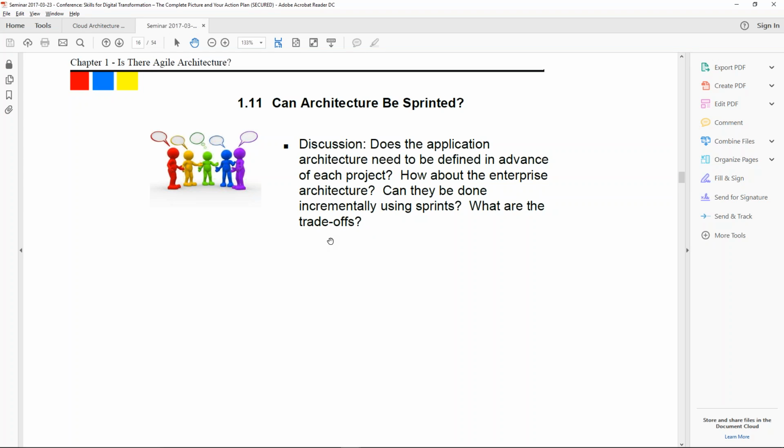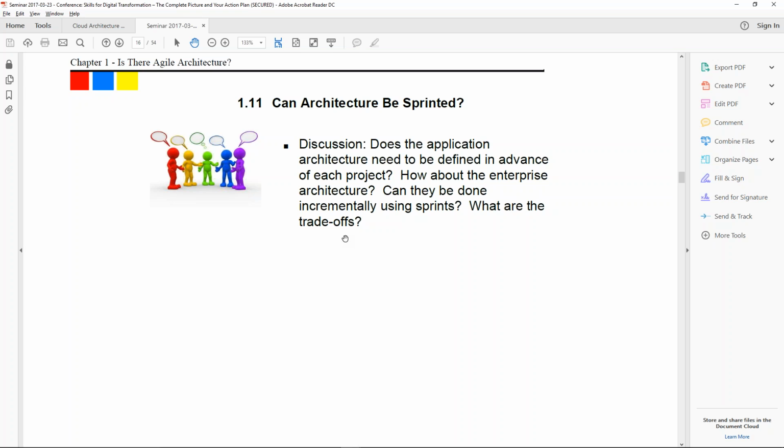So the question is, can we do enterprise architecture incrementally? Do we need the whole picture set up? Agile answer, no. Can we do architecture incrementally, design using sprints? Yes, but maybe even we could blend that in with more of the work.